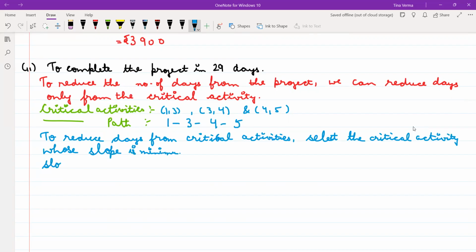Now the slope of activity 1 to 3, find the slope. The slope of activity 3 to 4 and the slope of activity 4 to 5. क्या था formula? The magnitude of Cn minus, क्या लिखा है formula?